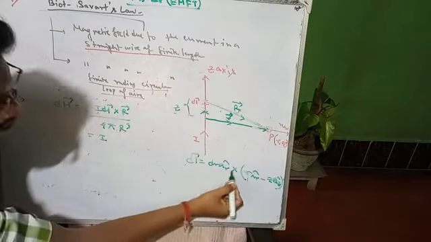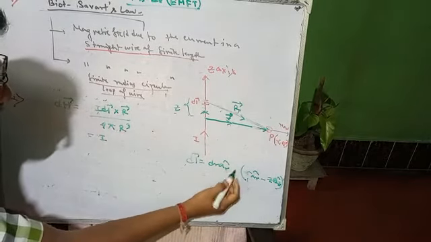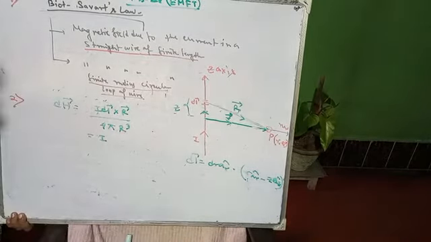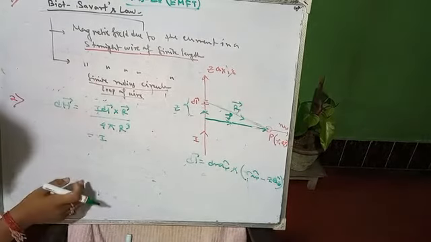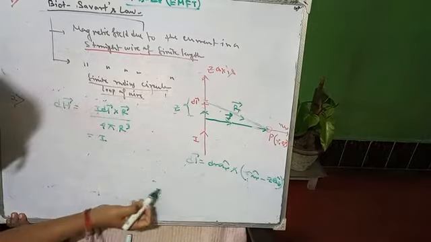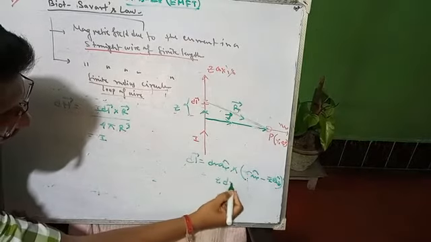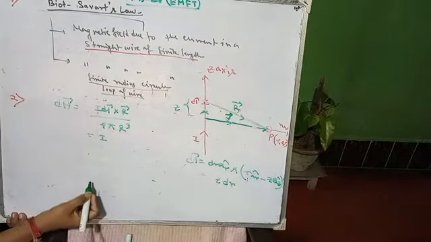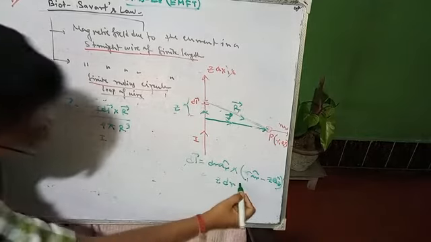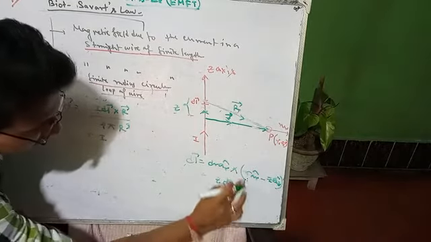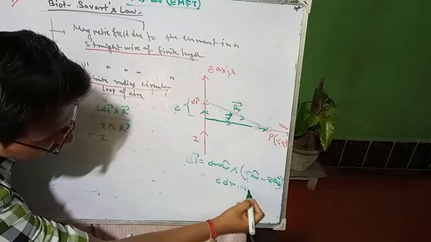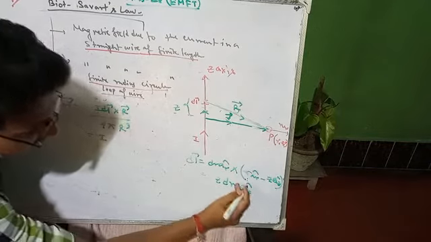It is a cross product, not a dot product. The az cap cross az cap term will be 0, and we are left with r dz, ar cap cross az cap.